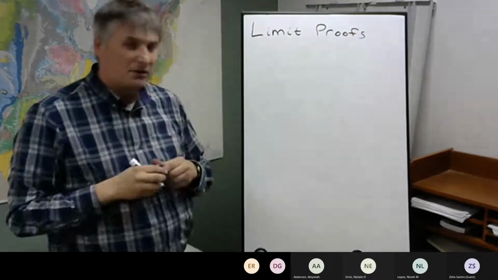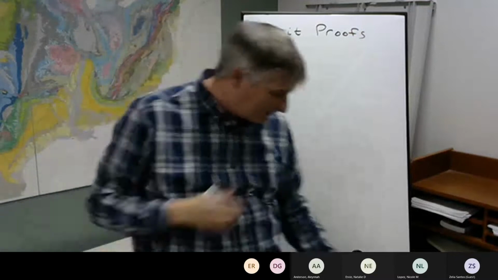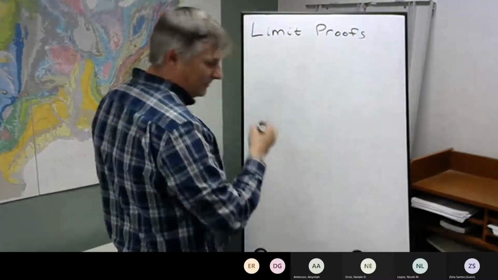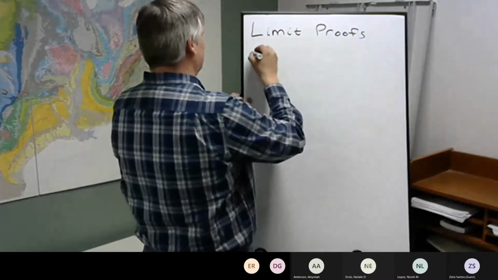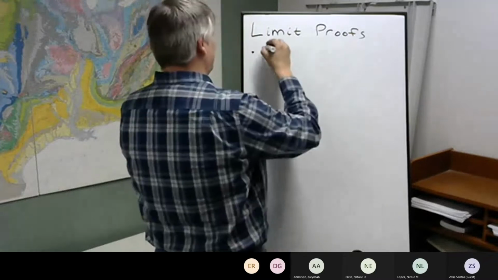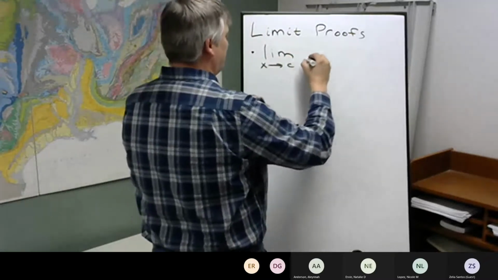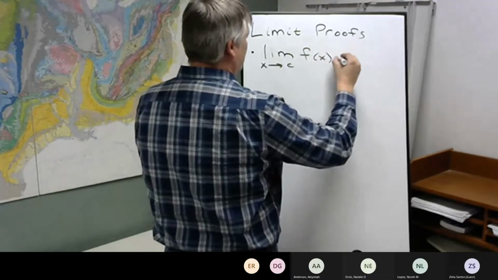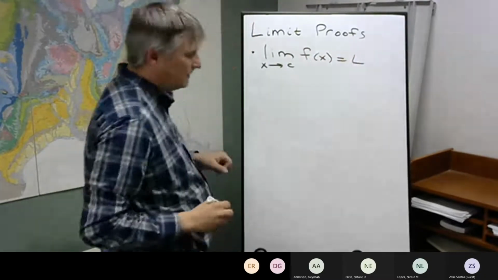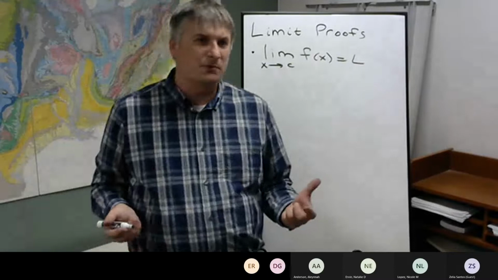So I'm going to go through an illustration, just kind of talk about what we're getting at here. Let's say we have this. We're going to study a limit. So let's say f of x is some function.